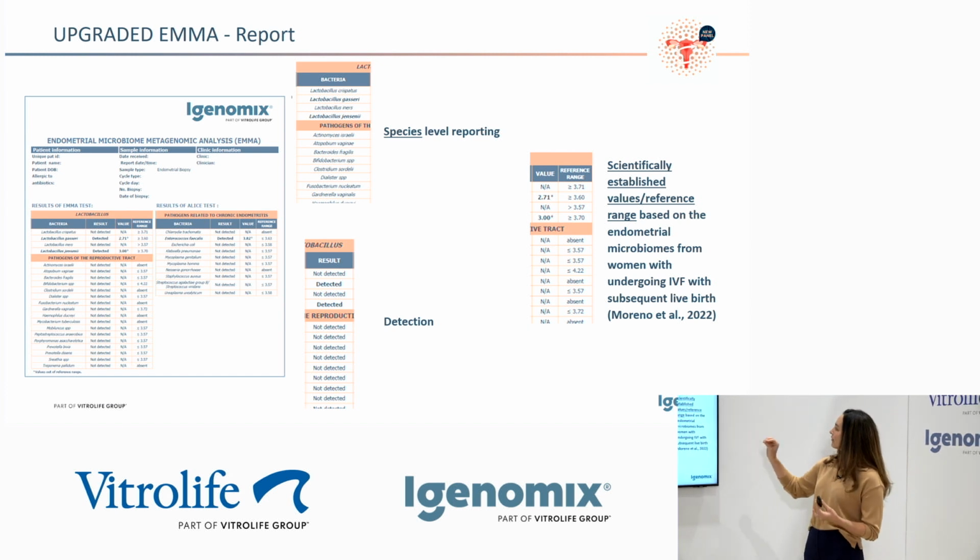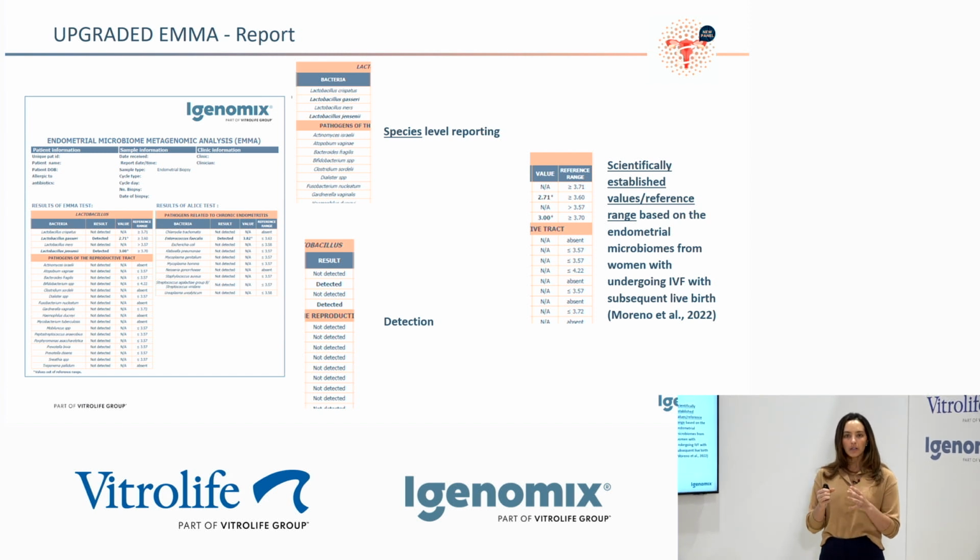Again, these are scientifically established reference range values based on endometrial microbiomes from women undergoing IVF with subsequent live birth. So we correlated those women's microbiome who had subsequent live birth, and we were able to calculate the reference range. And what this does is that it prevents the overuse of antibiotics when they're not necessary.